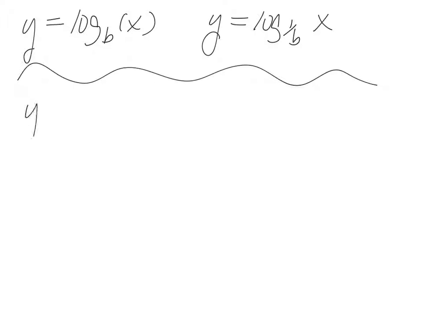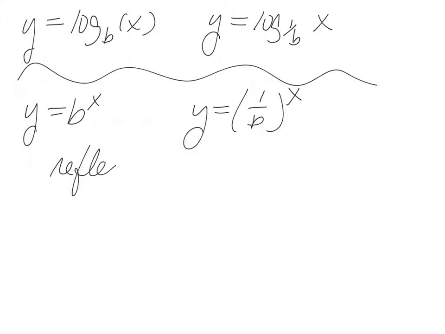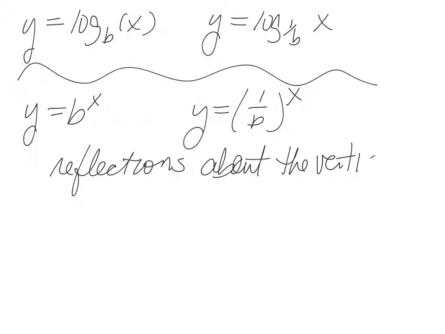If I have y equals b to the x and y equals 1 over b to the x, these are also reflections about an axis, but the vertical axis. Okay, if you remember, we've learned that one already.